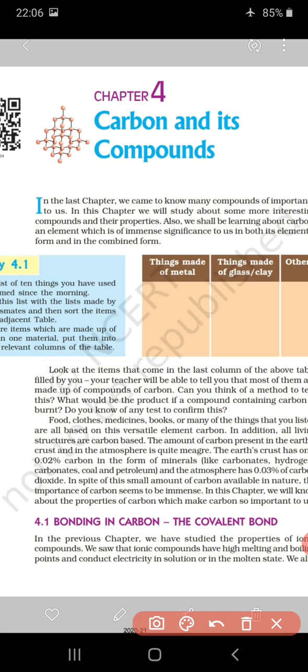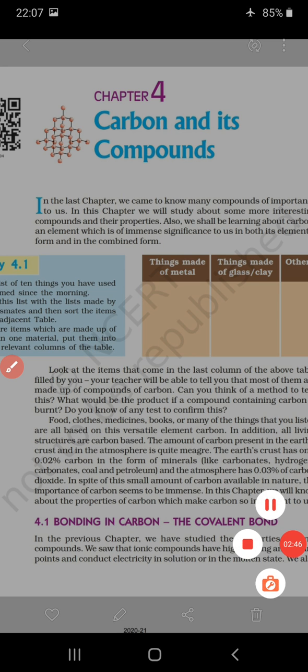Carbonates, hydrogen carbonates, coal and petroleum, which are present in the earth crust. And the carbon which is present in the atmosphere, how much percentage is that? 0.03 percentage of carbon in the form of carbon dioxide. Okay, this is very important.